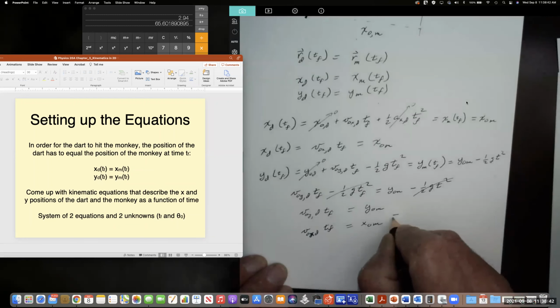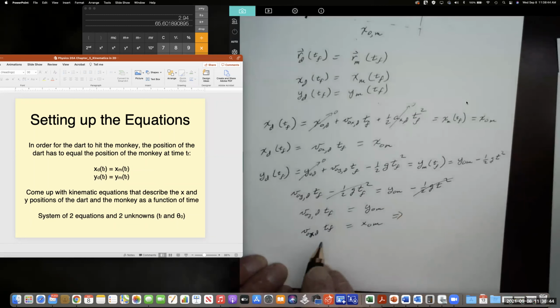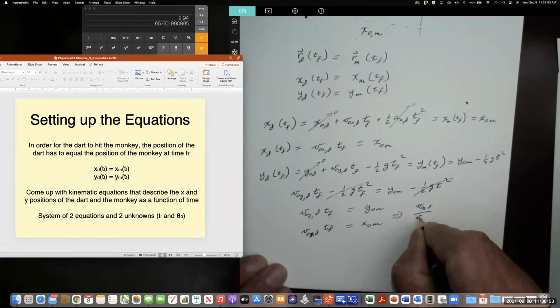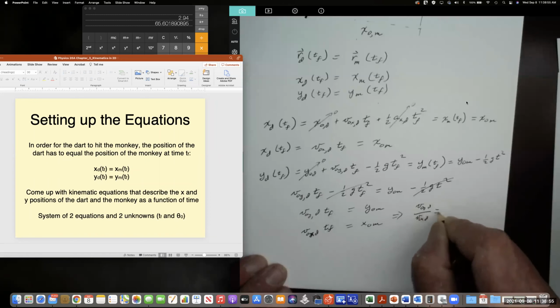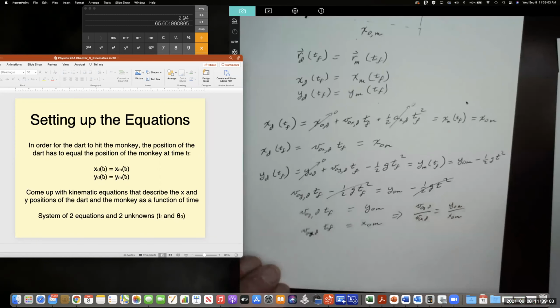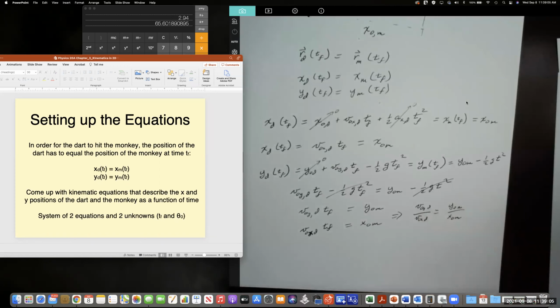If these are equal, then v0y dart over v0x dart has to equal y0 monkey over x0 monkey. Those ratios are constant, no matter where the monkey is.